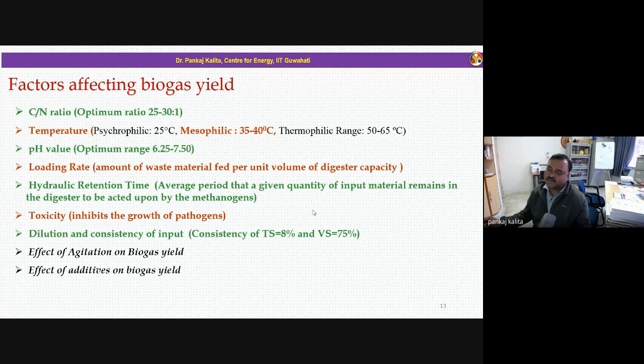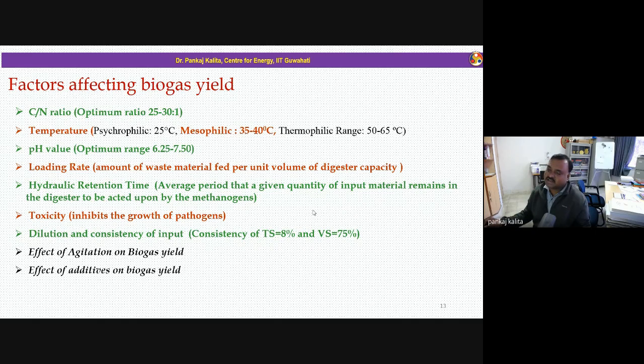For example, if we are planning to utilize cattle dung, its carbon nitrogen ratio is about 25 to 30, which is the optimum range of CN ratio to be maintained for a higher biogas production rate. Okay, so that's why cattle dung we can use without condition in our anaerobic digestion.